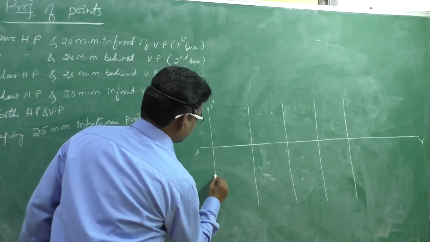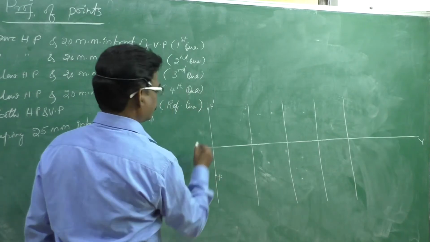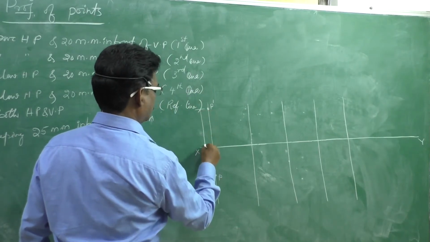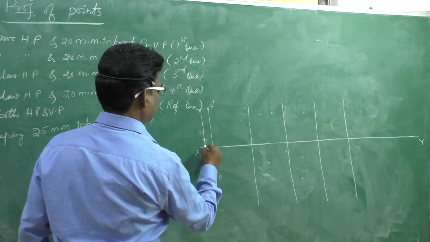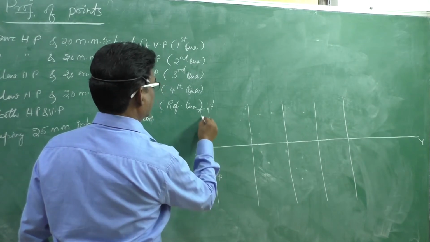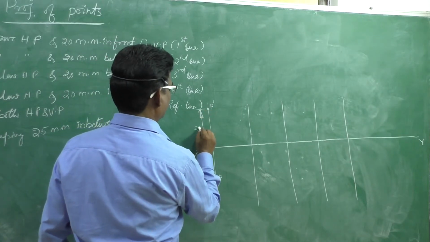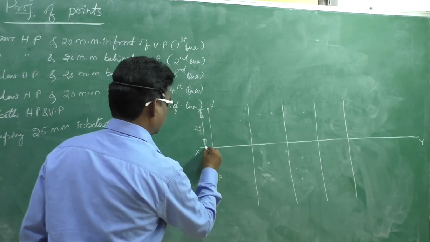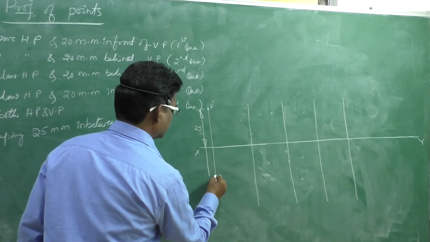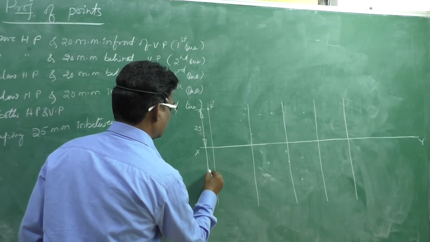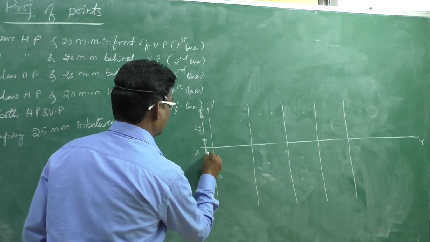This is P. Here to here, this is 25 mm, and here to here, this is 20 mm.